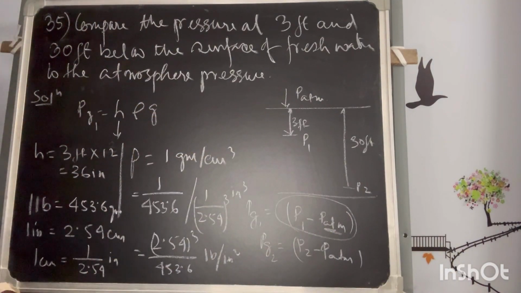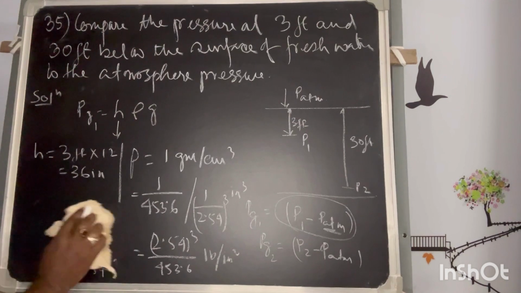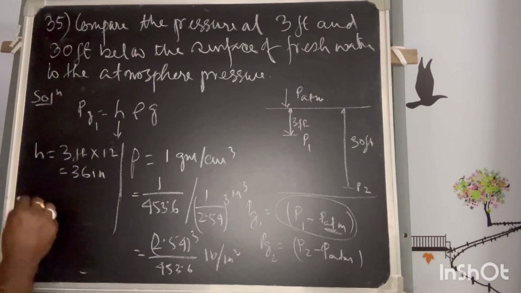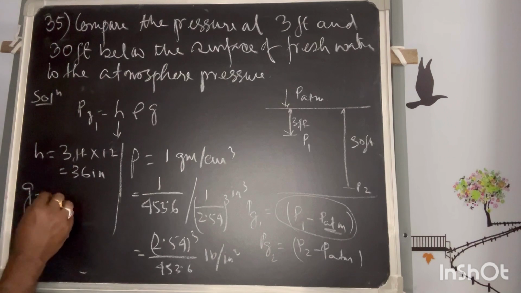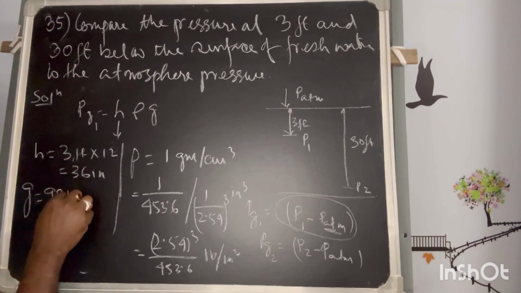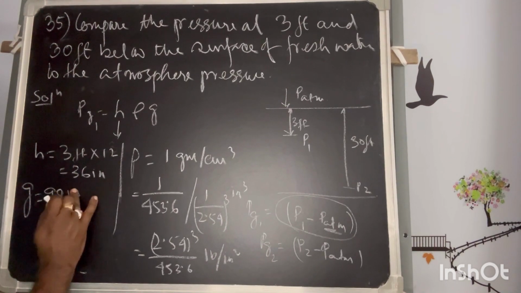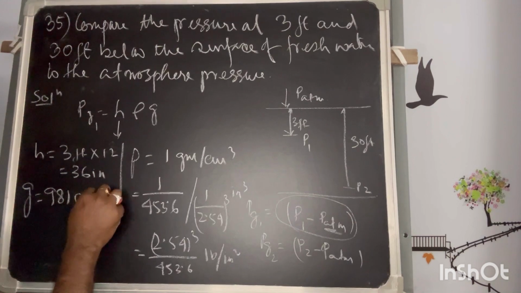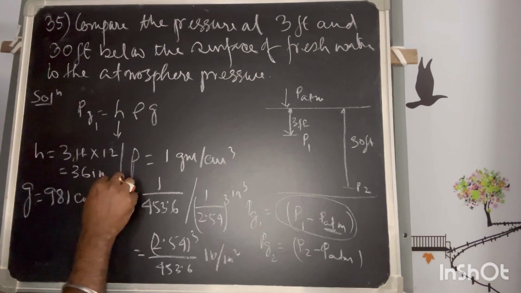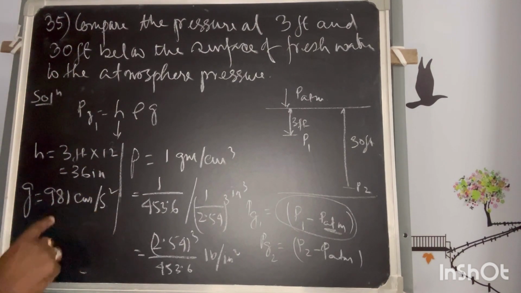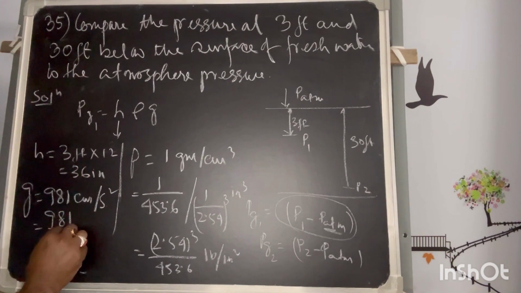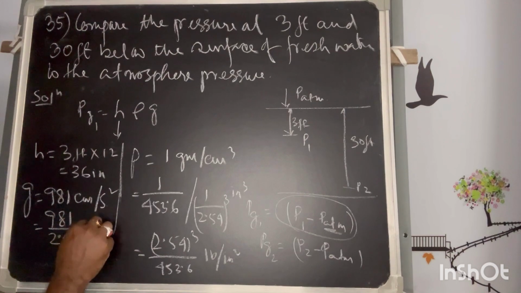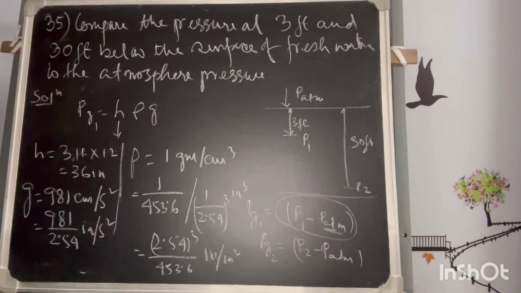And what is g here? g, as you know, in CGS is equal to 981 centimeter per second square. Now second is also second in FPS. The only thing is that the centimeter has to be changed, so this has to be divided by 2.54, which will convert it into inch per second square.